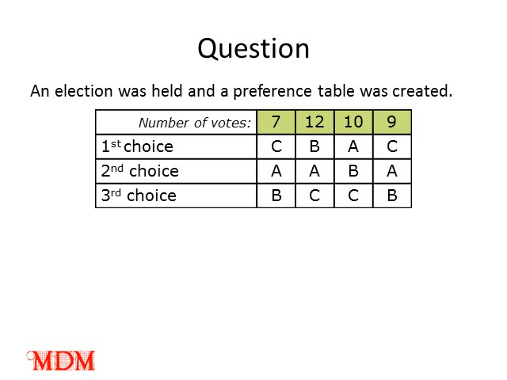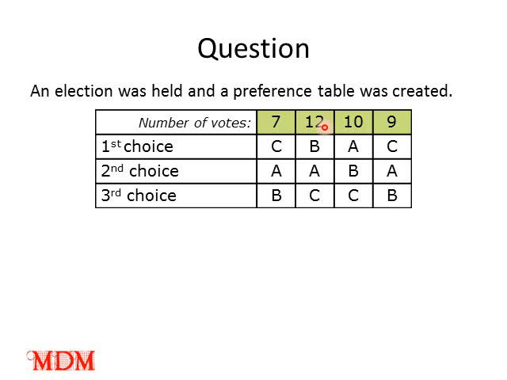Let's consider a question to check your understanding. An election was held and a preference table was created. Notice in the table that ballots have been collapsed for those who put C first, A second, and B third. We know that there are 7 such ballots.